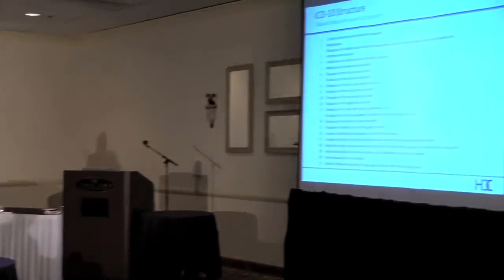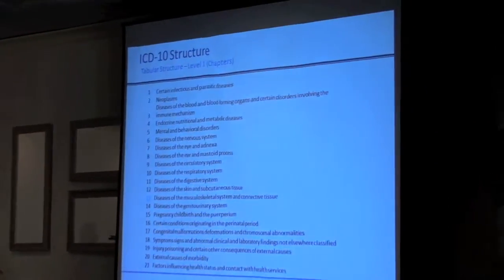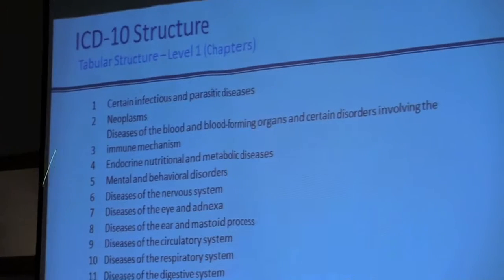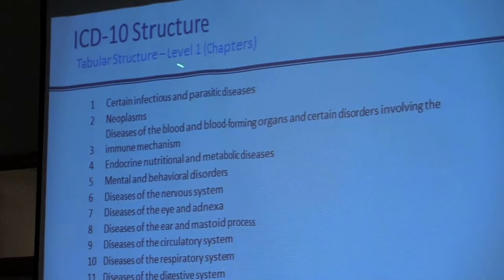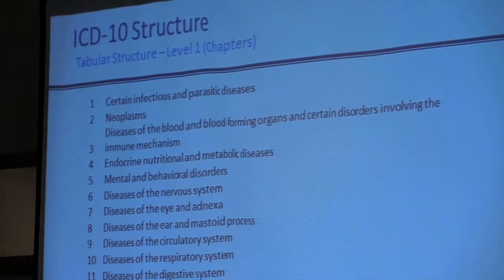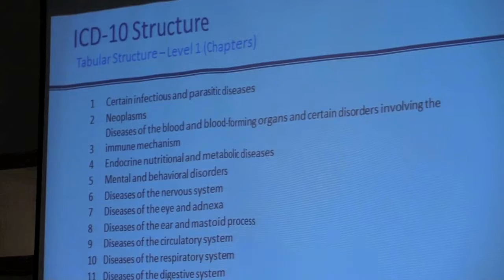If we go to the tabular index, it looks very much like ICD-9. There are these chapters, and they use the terminology chapter. The codes are at different levels of detail. Chapter is the highest level, and most of these are driven by body systems, but not always. Obviously, things like neoplasms are independent of body system, as is pregnancy, et cetera.